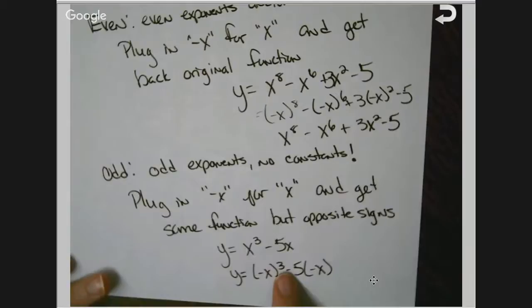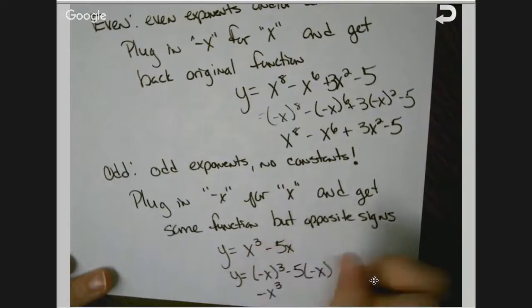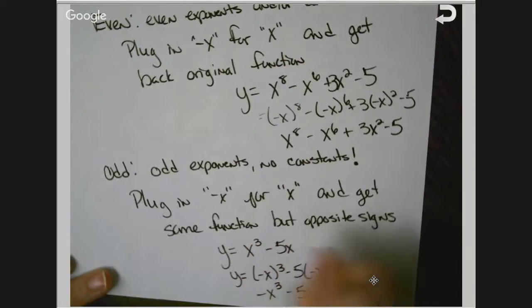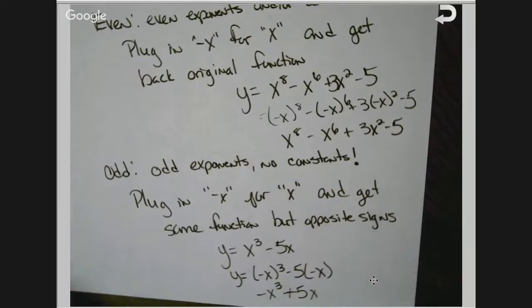It's always going to keep it as negative. So it's negative x cubed minus 5 times negative x makes it plus 5x. So every sign changed. I cannot have constants because if I added like a 2 to the end of that original one, it needs to change signs. It can't change signs if it doesn't have an x to change signs.